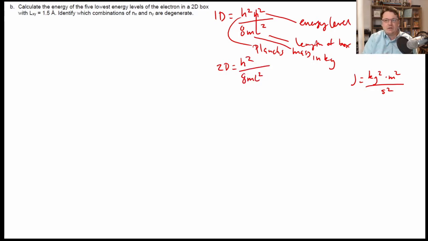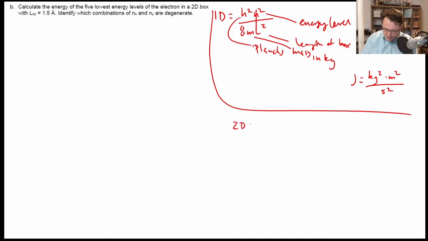This specific simplified equation only really works when L is the same for both directions, but you can also do it the same way with slight differences. I can just write it out so you can see it. So 2D would be h squared over 8m, which is constant through all of them.